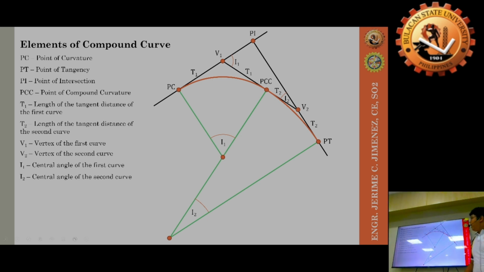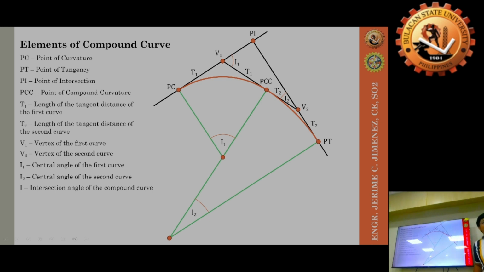Pero wala pa kayo dito nakikita na central angle or the point of the angle of intersection nung kabuuang compound curve. Okay, nung kabuuang compound curve, wala pa tayong nai-introduce. So, introduce natin ngayon yung I, or the intersection angle of the compound curve. Saan siya located?